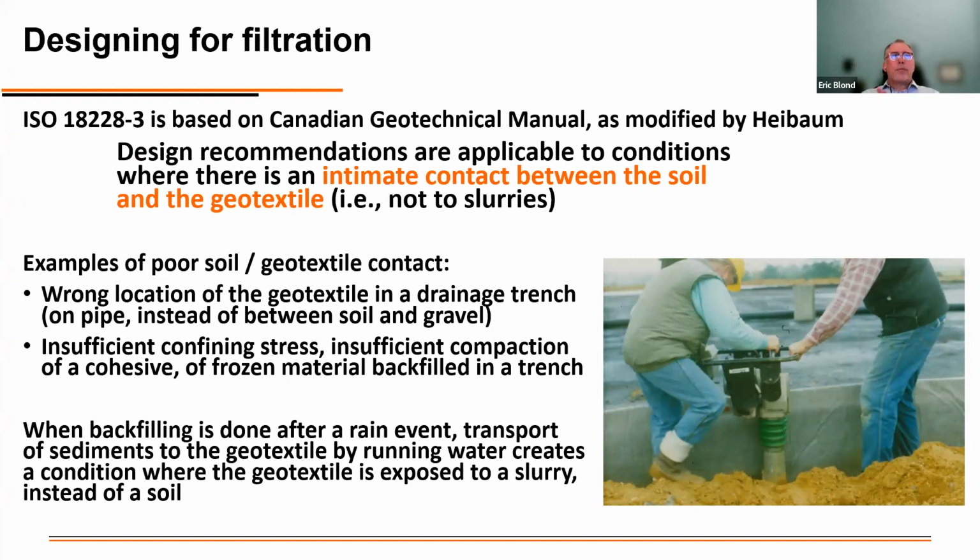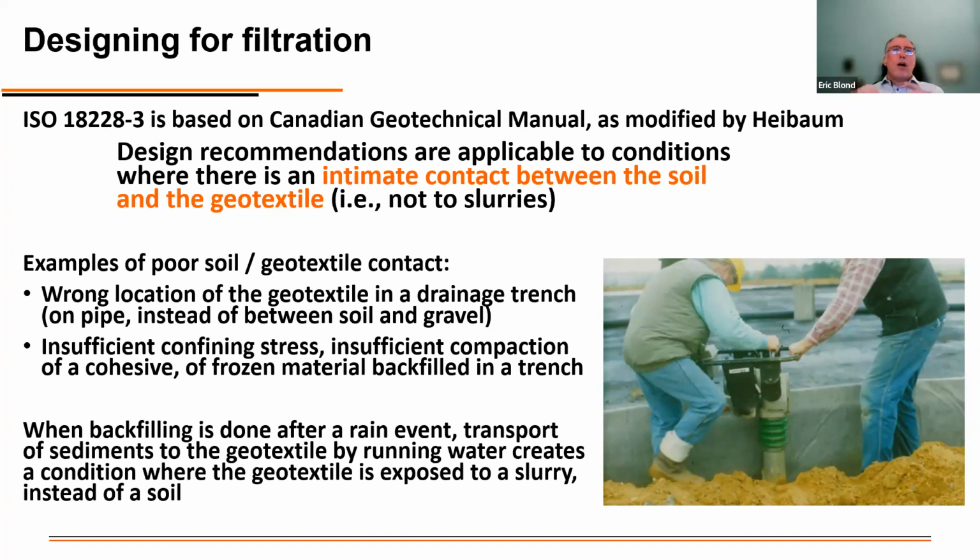And that's very important. And that's going to affect the way the structure is approached, the way it is installed, because we must have this intimate contact. The typical example is the situation where we have a geotextile which is installed on the perforated pipe, and backfilled with gravel.